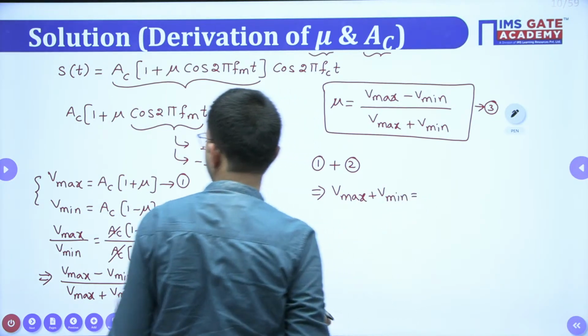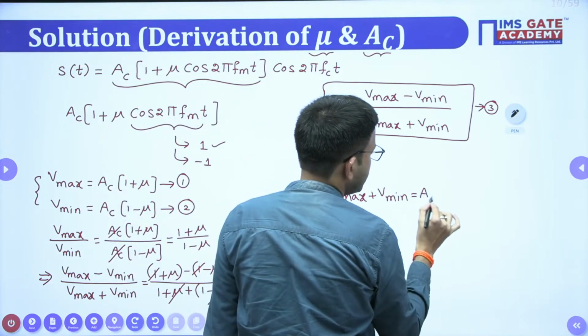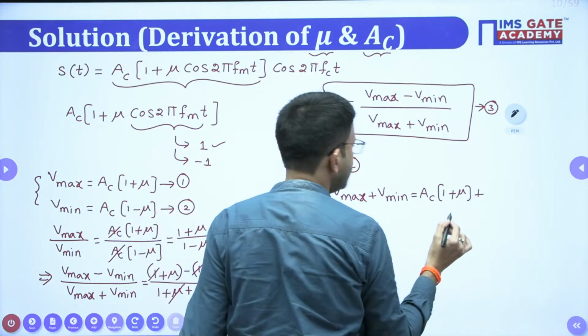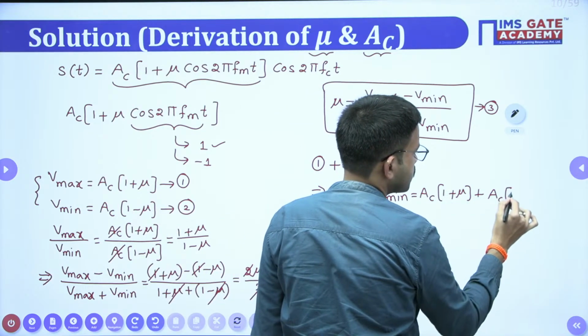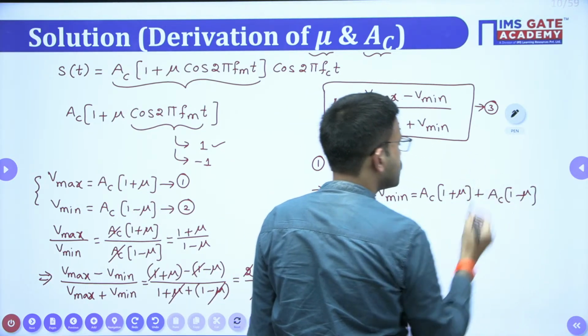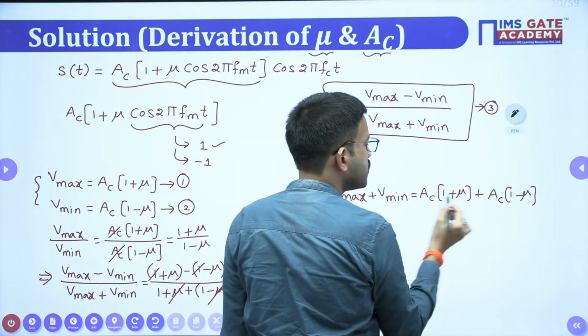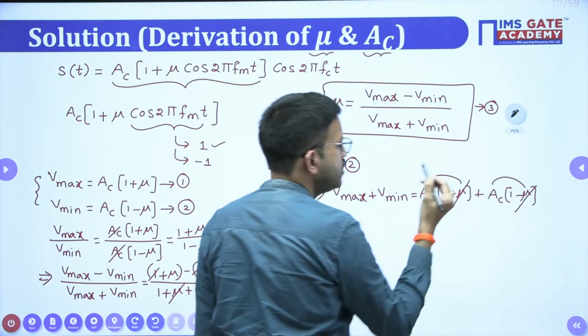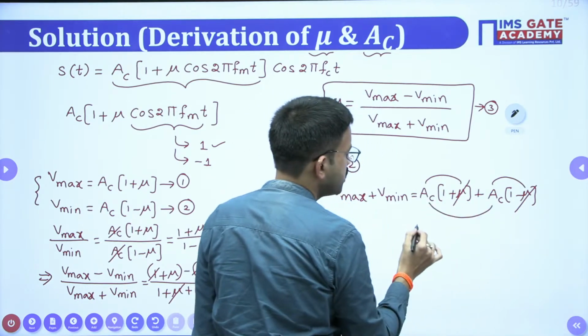On the right hand side you have AC into 1 plus mu plus AC into 1 minus mu. So here mu times AC and here minus mu times AC, both will get cancelled. AC plus AC is nothing but 2 times AC.